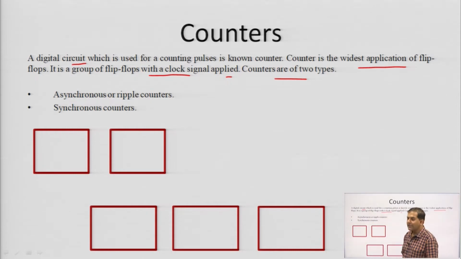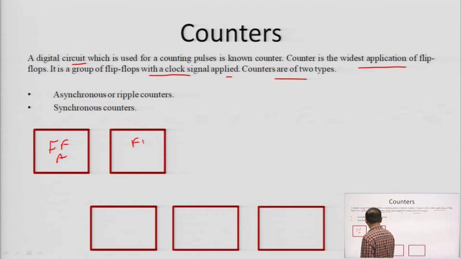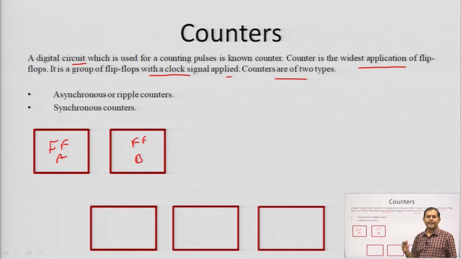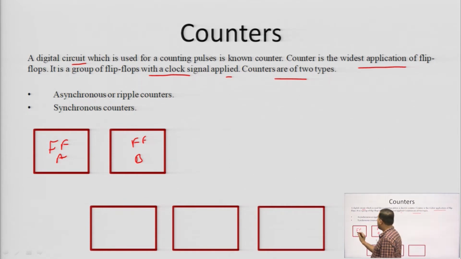The main difference between asynchronous and synchronous counters depends on the type of clock pulse applied to the flip flops. Suppose we have two flip flops, A and B. Let them be any type of flip flop: SR, JK, D, T. For every flip flop we have to give a clock pulse.